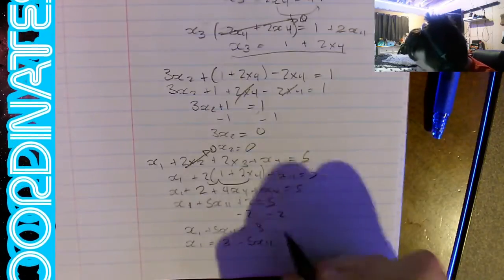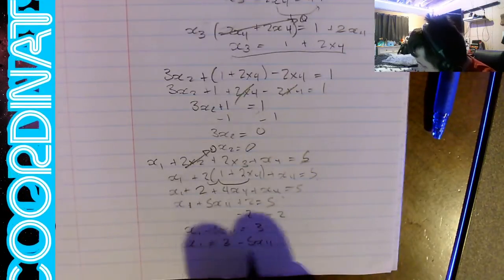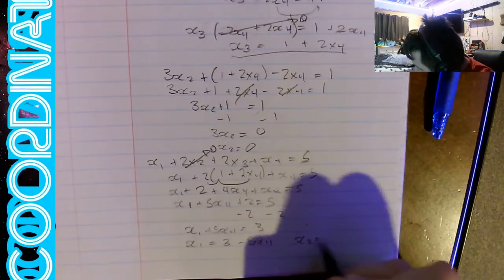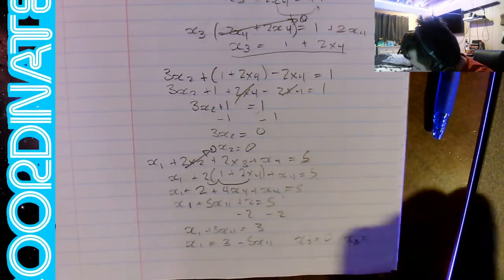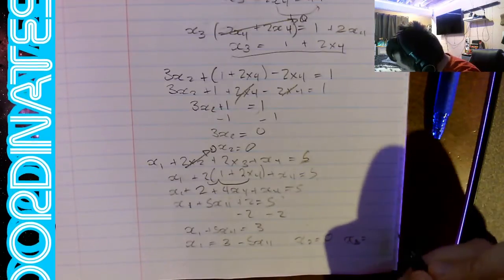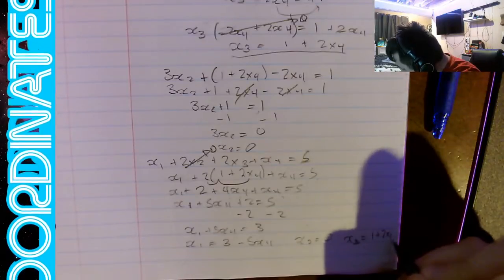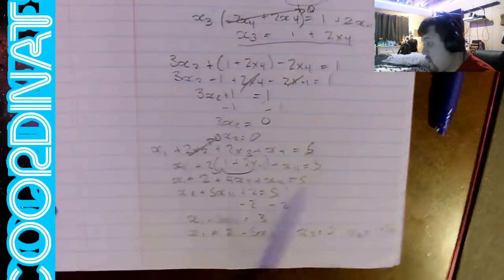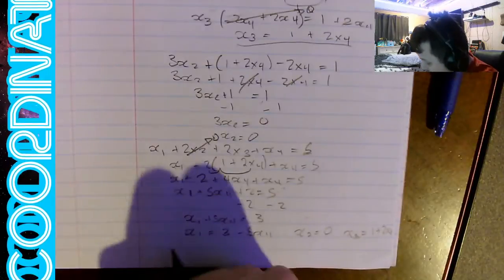Okay, so as of right now we have x1 equaling 3 minus 5x4, x2 equaling 0, x3 equaling 1 plus 2x4, and we don't know what x4 is yet.